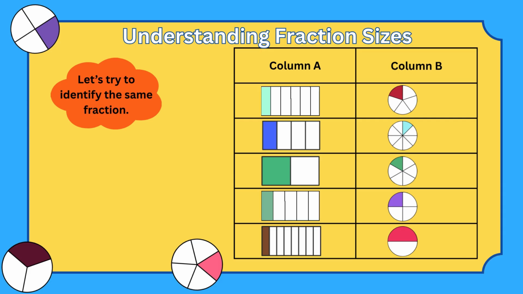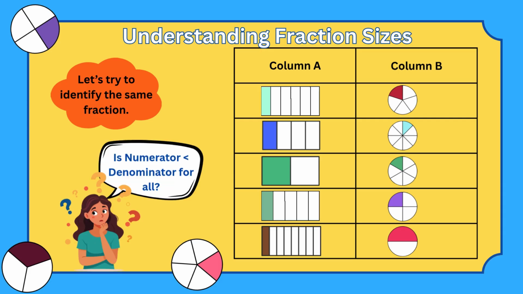How many total parts are there? How many parts are shaded? Now ask yourself, is the numerator smaller than the denominator in each fraction? What does that tell you? Are all these fractions less than 1? Think and match. Let's see how well you understand fraction sizes.